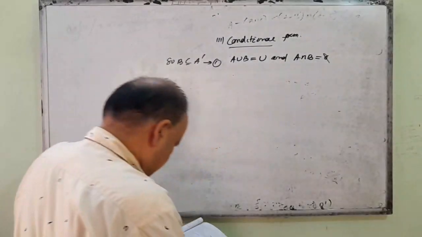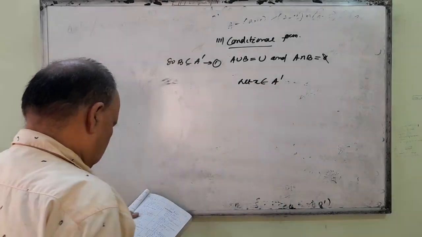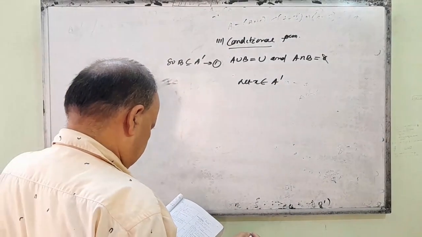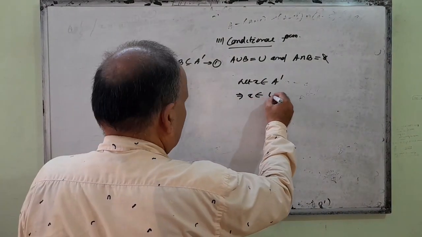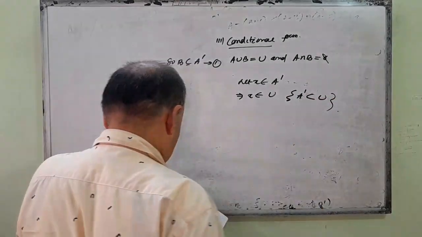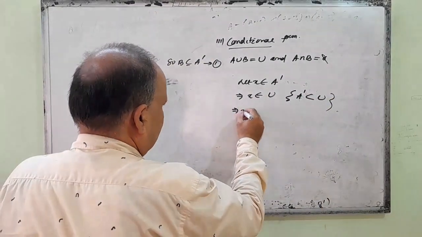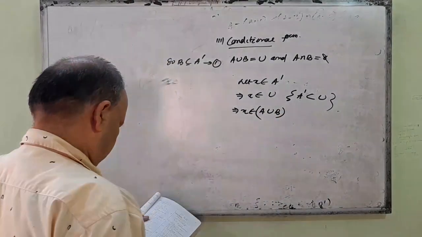Next, let x belong to A dash. This implies that x belongs to U, because A dash is a subset of U. This implies that x belongs to A union B from the given condition.